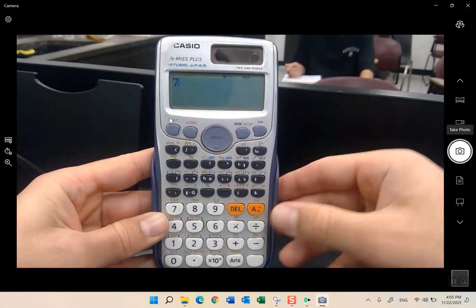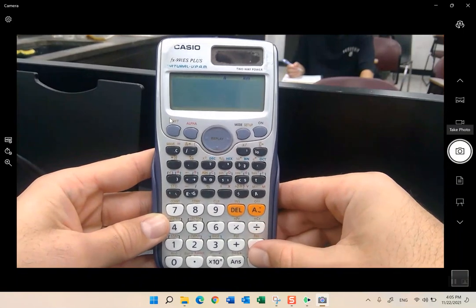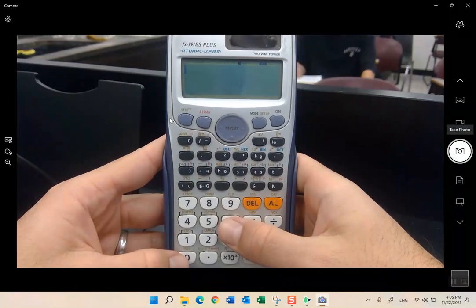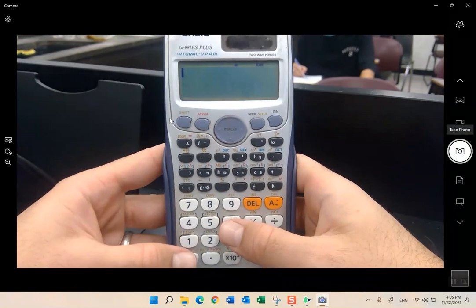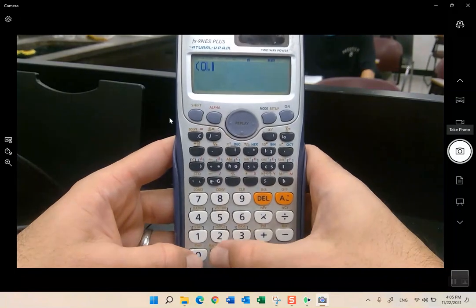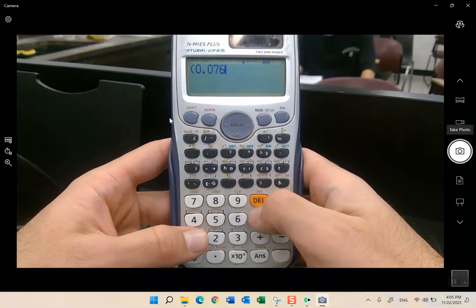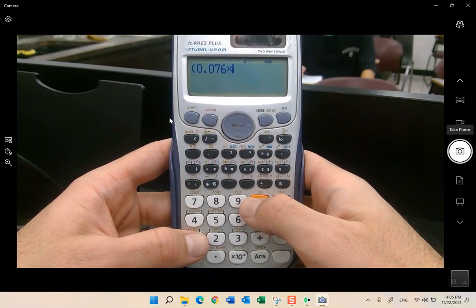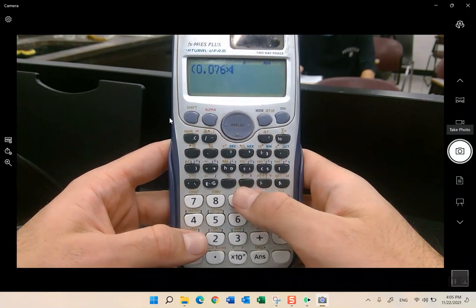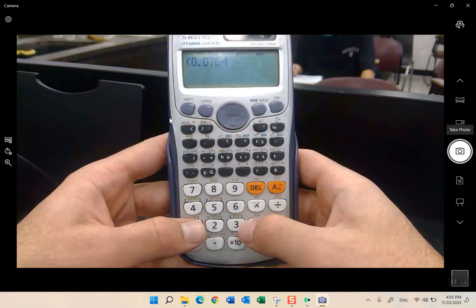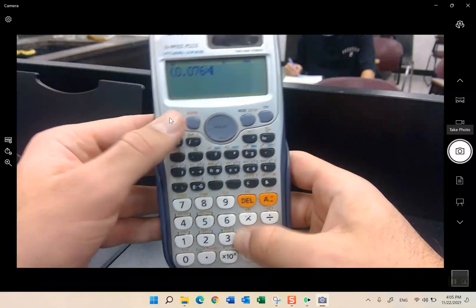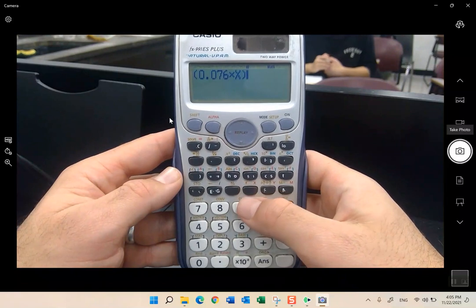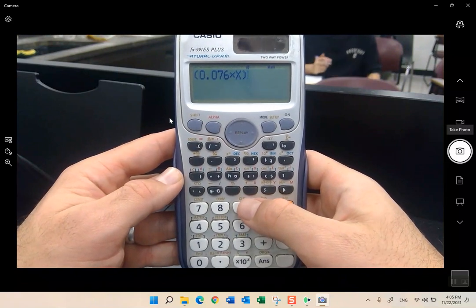So let's try to solve the equation that we have using this calculator. What I will do is simply write the equation first. So our equation is 0.076, which is the value of B, multiplied by the variable y. I feel more comfortable using X as a variable instead of y, so I will just press this alpha here and press the X button. So this is the variable X, or in our case, the normal depth.